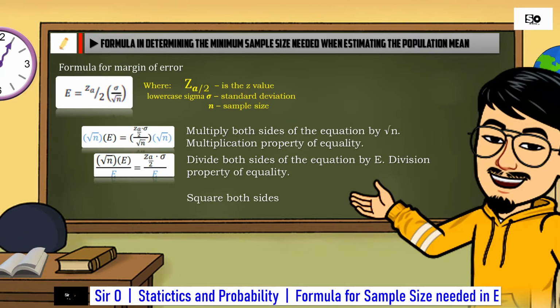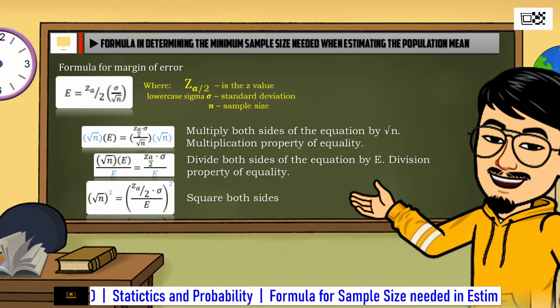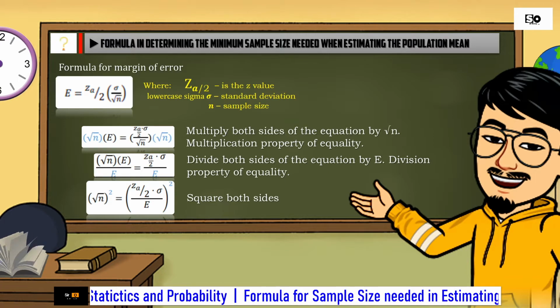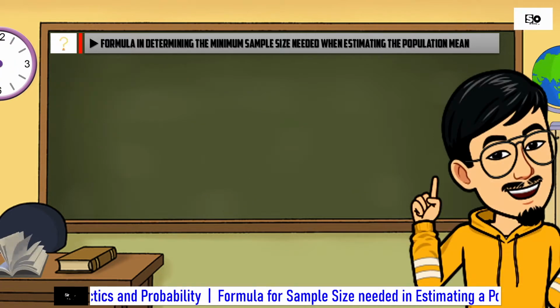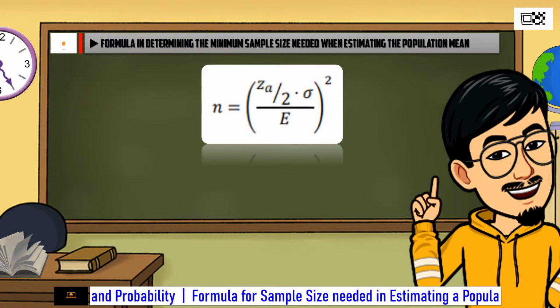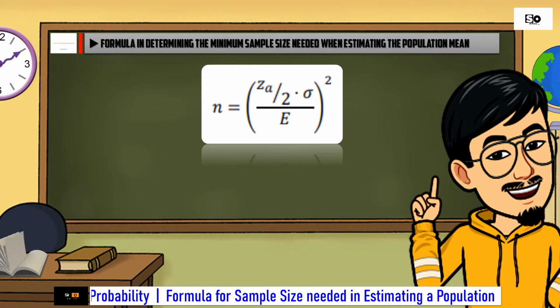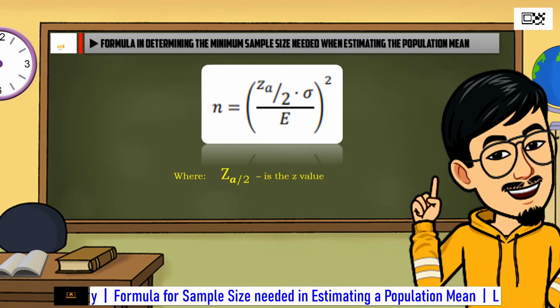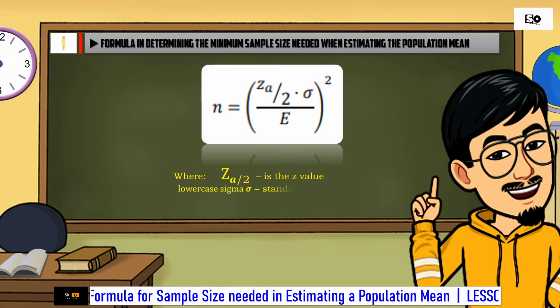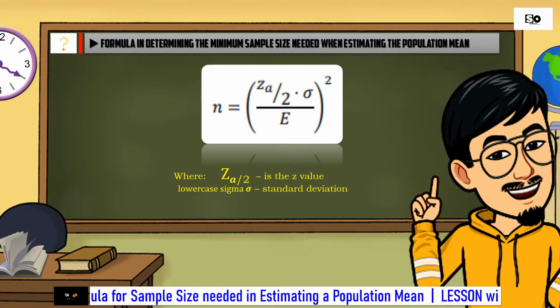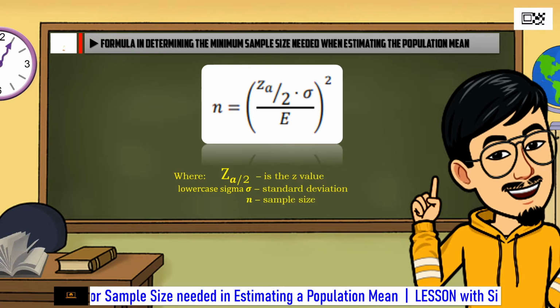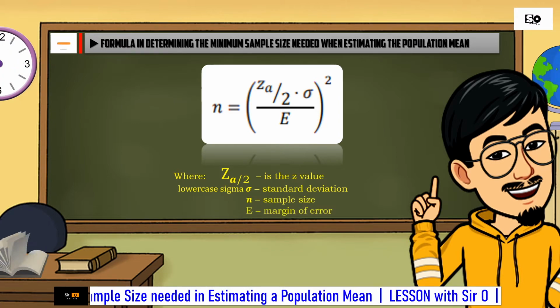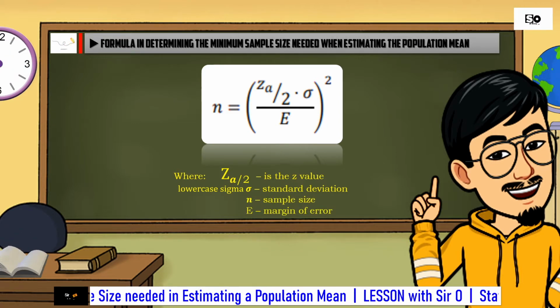Last is to square both sides of the equation. Therefore, this is the formula in determining the minimum sample size needed when estimating the population mean, where z sub alpha over 2 is the z value, lowercase sigma is the standard deviation, n is the sample size, and e is the margin of error.